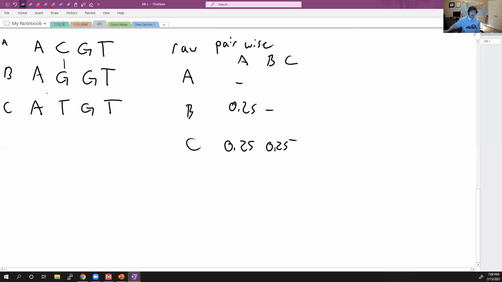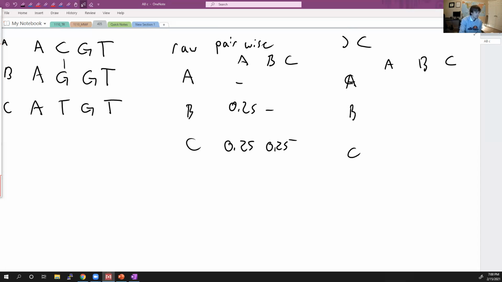But again, we're not accounting for the chance that A went to G and then came back to A in any of these sequences at this first base. We're not taking into account mutations that we didn't see. And so whenever we apply the JC correction, we'll get a more accurate distance between these sequences.